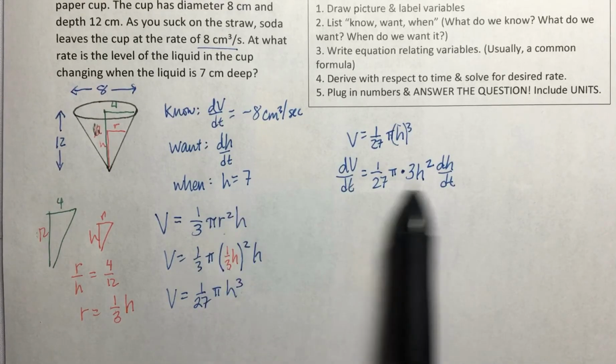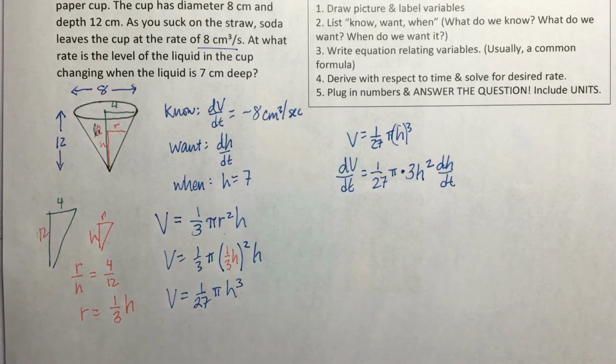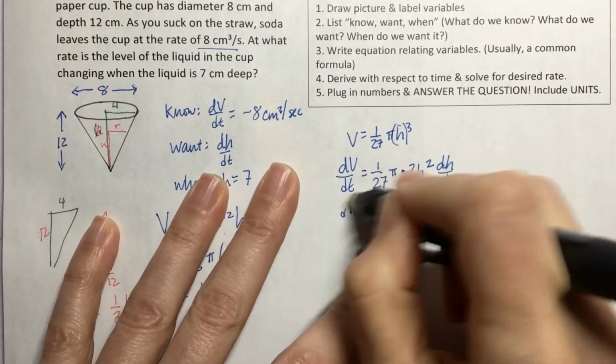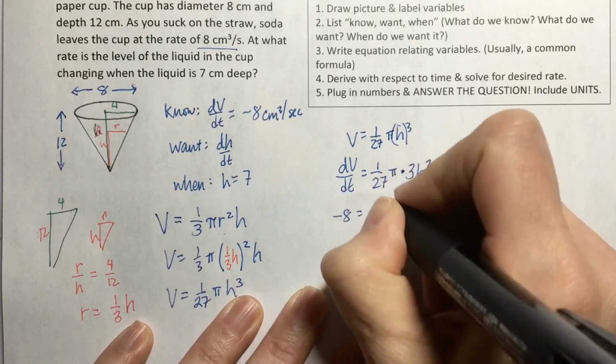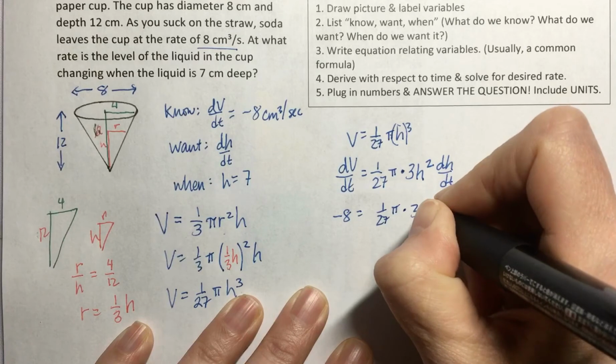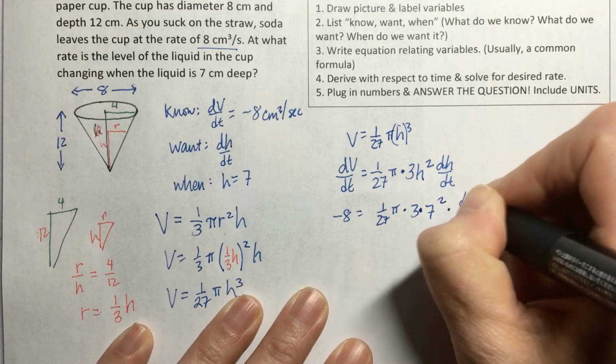So we now have an equation that we can plug in all the things we know and solve for the thing we want, the dh/dt. So it'd help if I plugged it in. So -8 equals 1/27th pi times 3 times our h, which is 7, squared, times dh/dt.